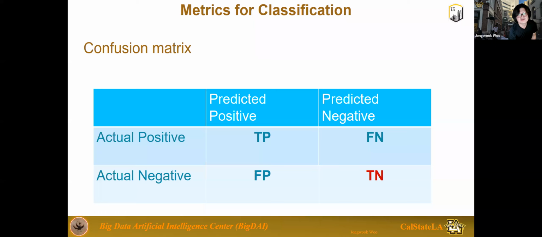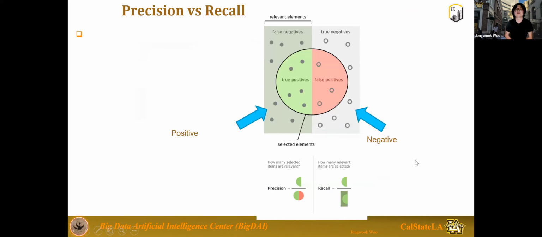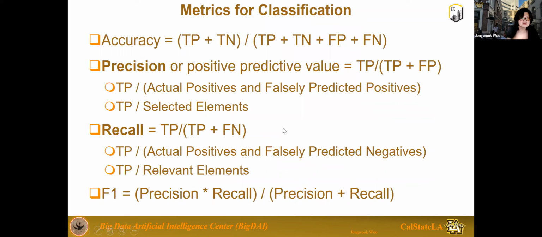Once you have the number of data for each area with your model, then you can calculate the precision and recall. So let me show you the definition of precision. Precision is true positive divided by the sum of true positive and false positive.